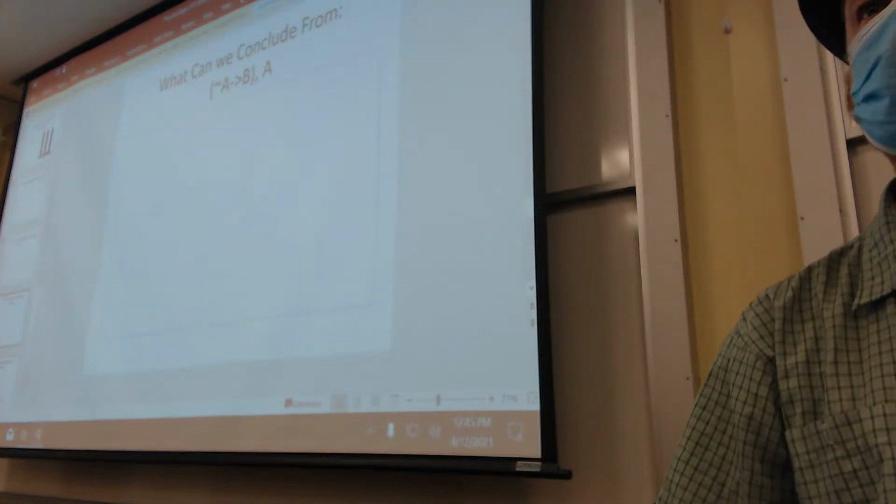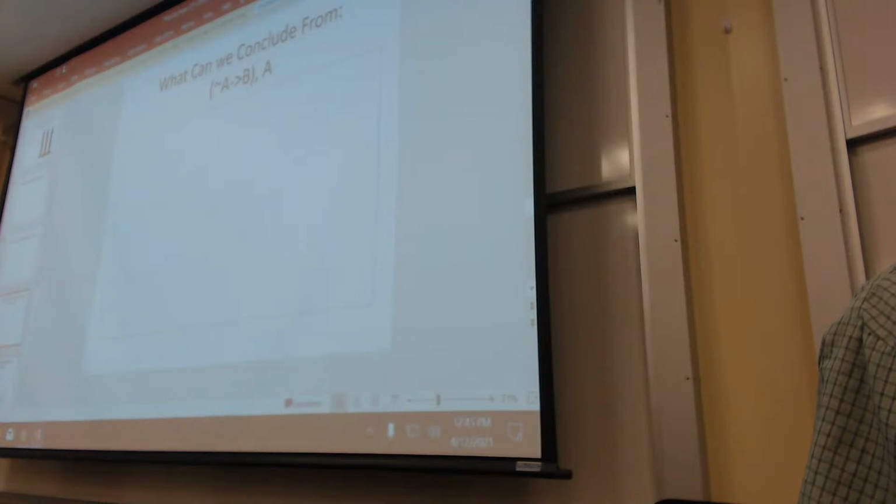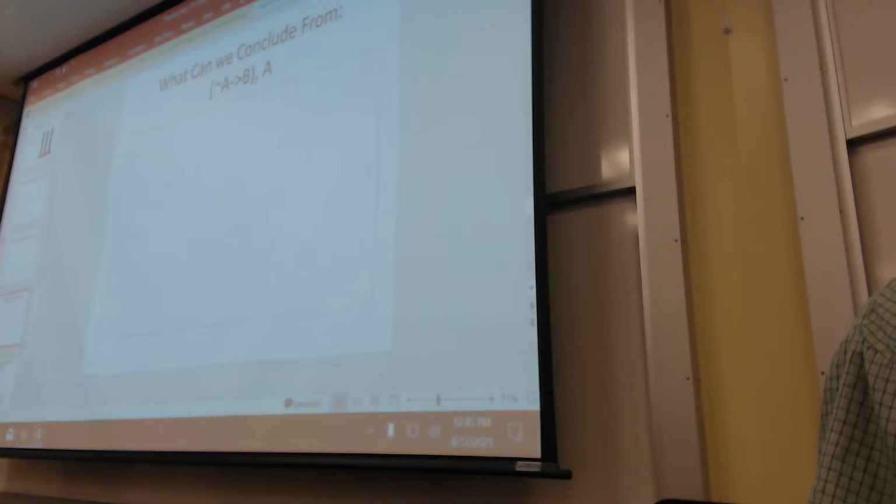Yes, sir. So just if by itself will indicate that you need a triple bar. Only if is going to be an arrow, but the term immediately after the only if is the second term.